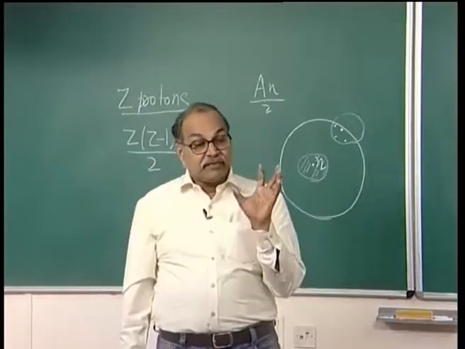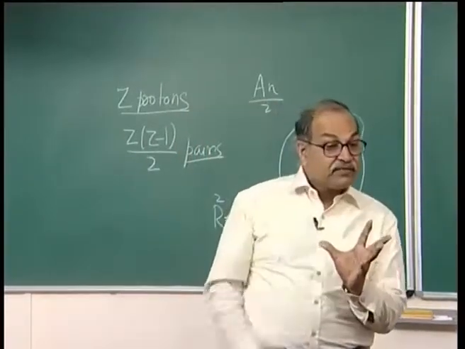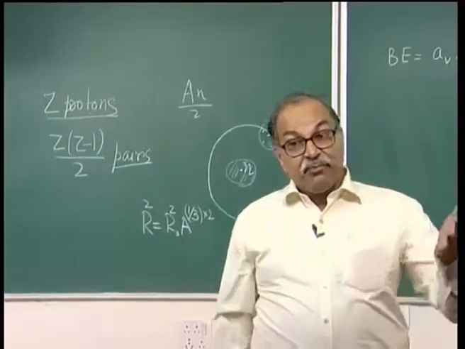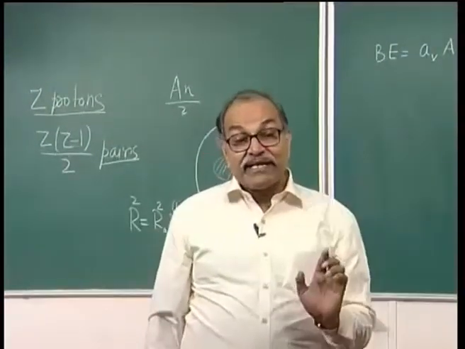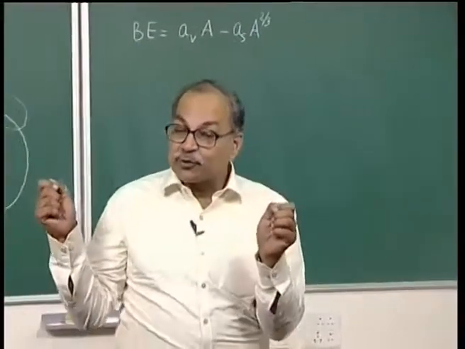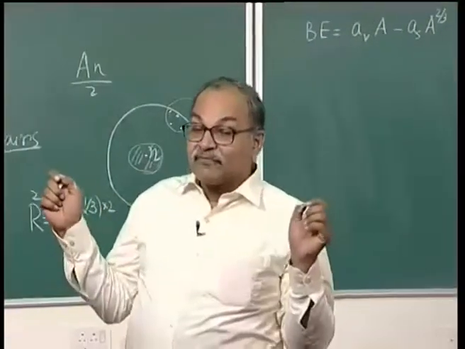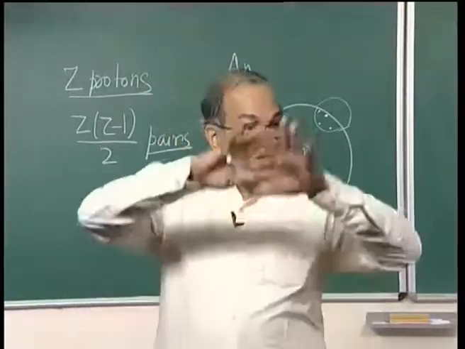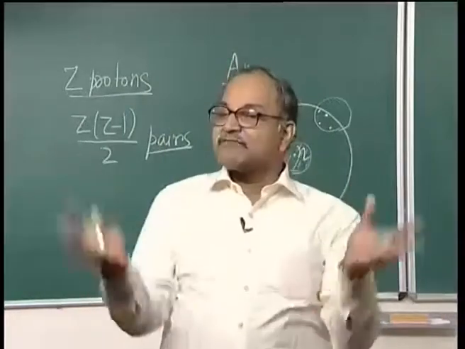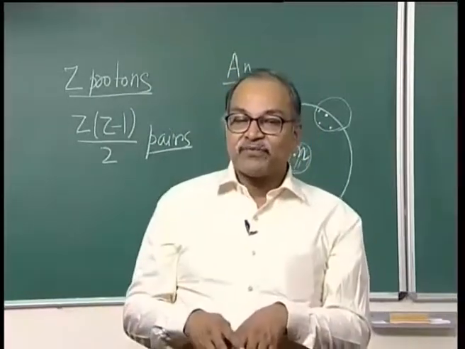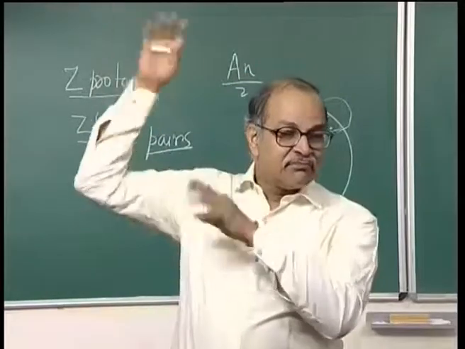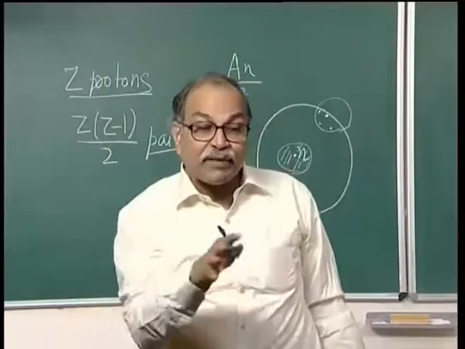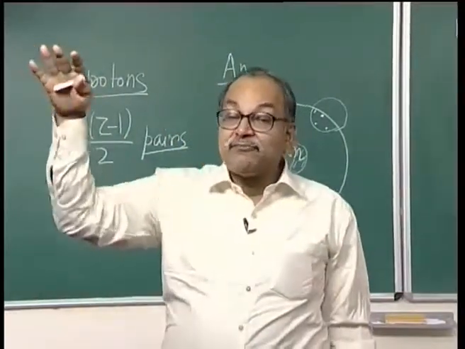But then the potential energy of any charge distribution will be something like 1 by radius. If you have two charges q1, q2, what is the potential energy? q1 q2 by 4 pi epsilon naught r, where r is the separation. If you have a uniformly charged spherical volume, what is the potential energy? Once again it is some capital Q square times 3 by 5, some constant there, and then 1 by 4 pi epsilon naught and all that, and after that 1 by r.